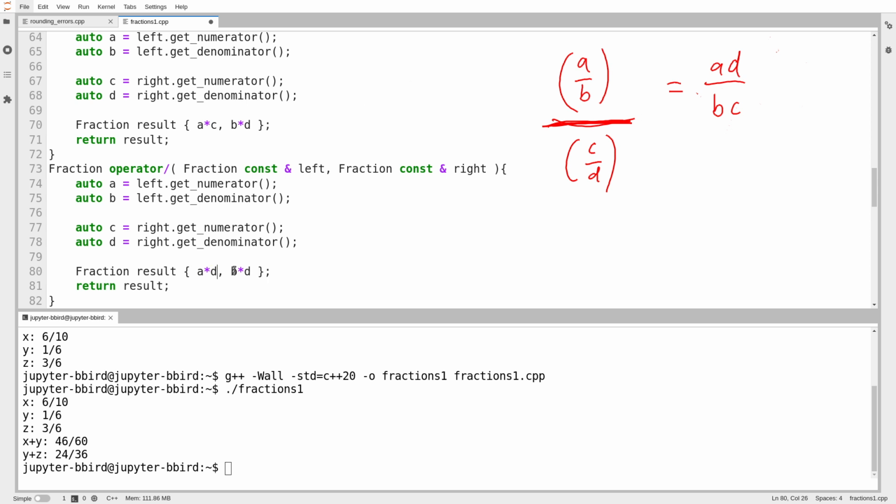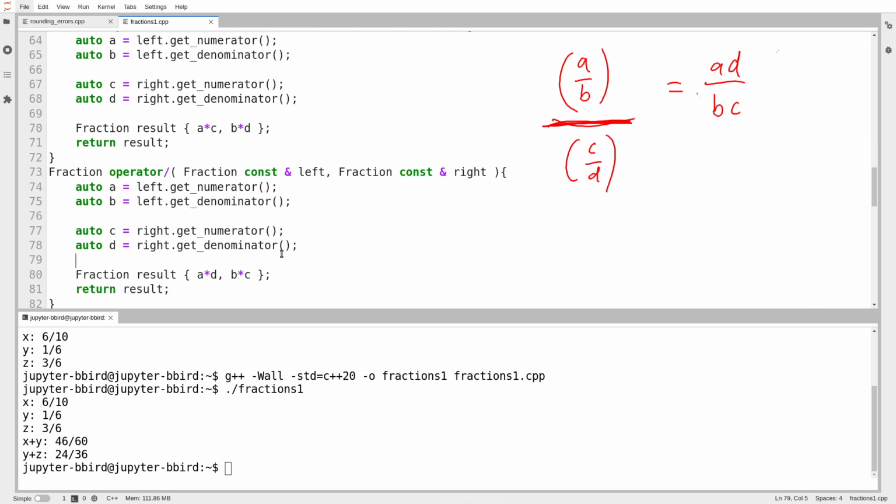So it'll be A times D and B times C. There we go. I've now got the 4 cardinal arithmetic operators for my fraction objects.